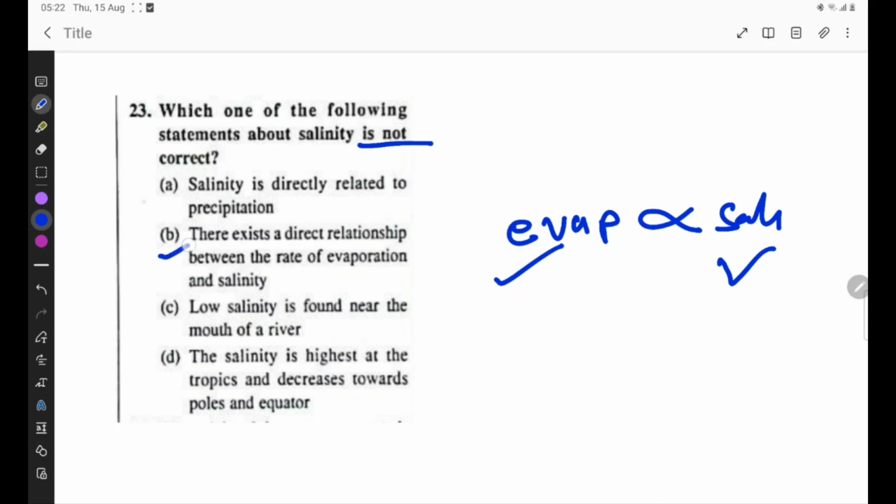So this statement is correct. Low salinity is found near the mouth of a river. This statement is also correct because the river water is fresh water. When fresh water is added to the ocean or sea, the salinity of that particular area becomes lower.